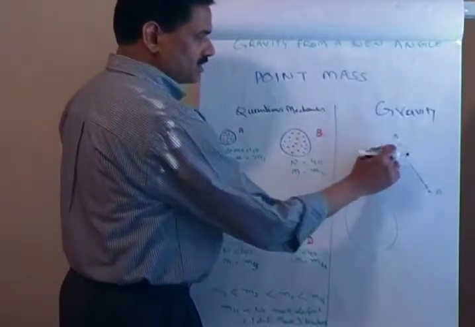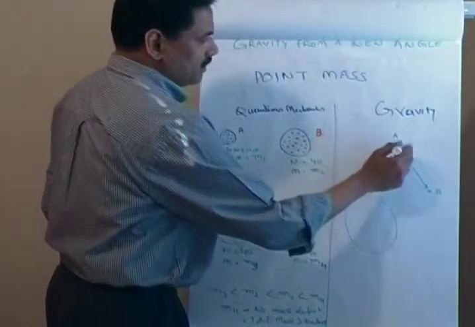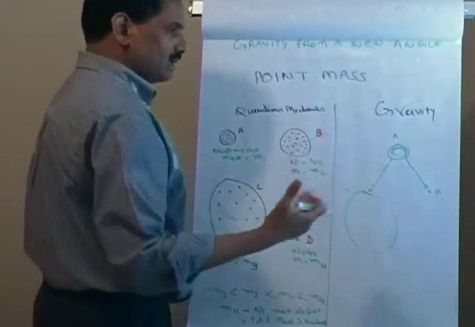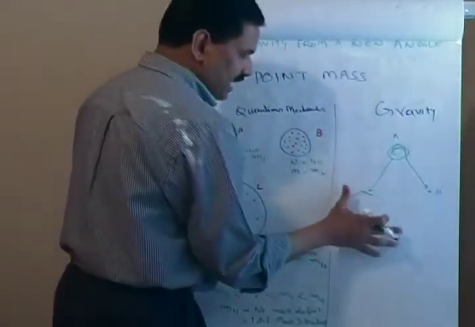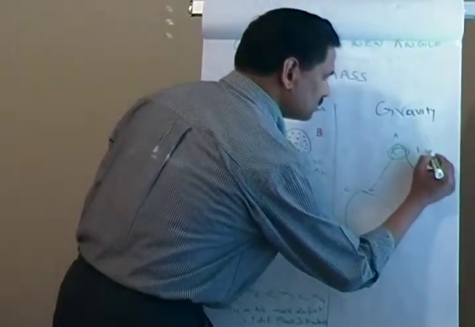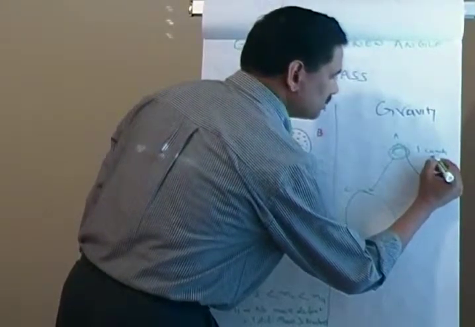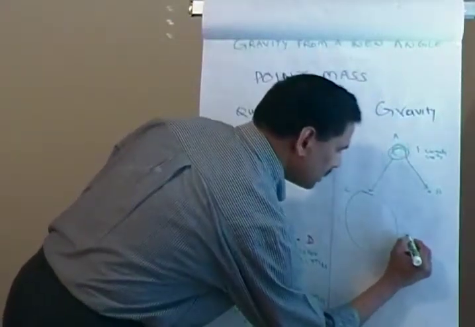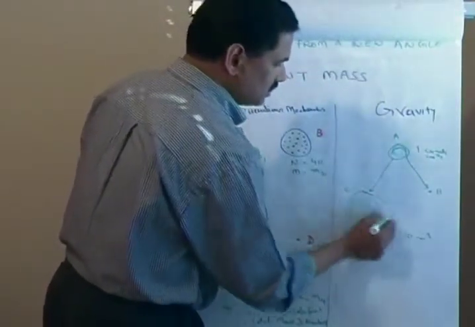Let's take this object A, and this is some object. Let's suppose it has 1 cubic meter of volume in that sphere. Then you expand the same object to a size of 10 meter cube, so this is another object.